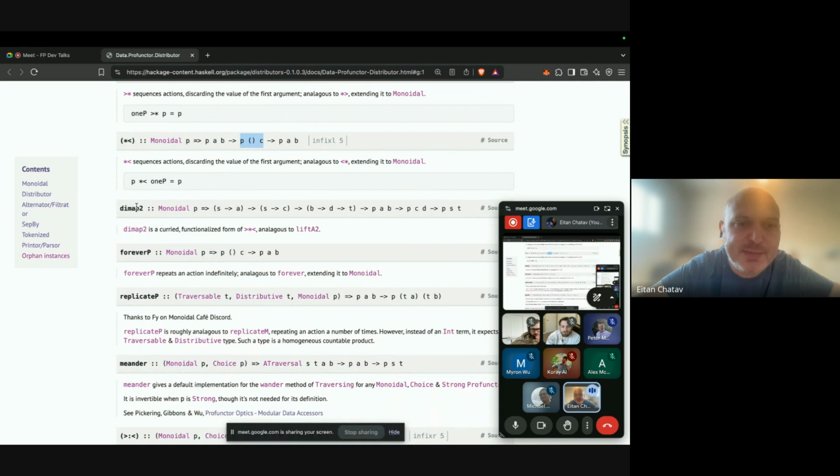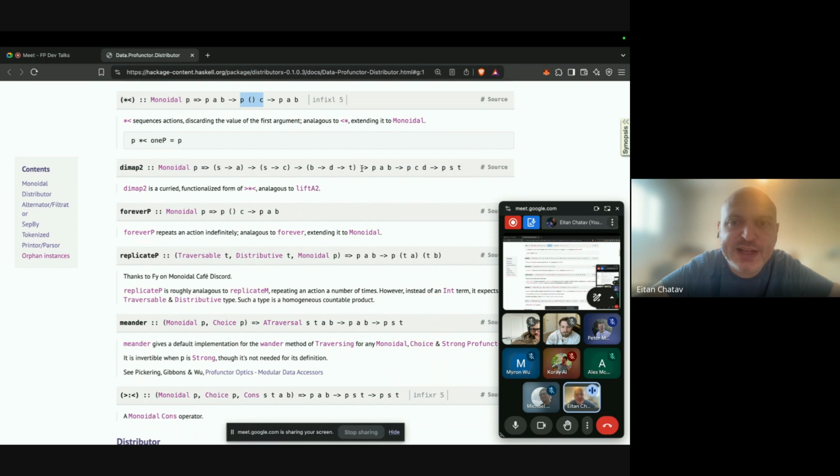And we can define dimap2, which is an analog of liftA2. And notice that it has 3 function arguments because we're fully curried here. So the S to A goes in the backwards direction, and then the S to C also goes in that direction. And then finally, we have a function from B to D to T going in this direction.